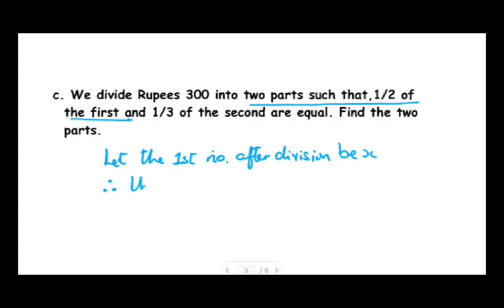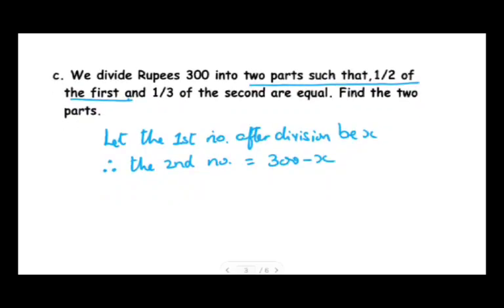Therefore, the second number is equal to 300 minus x, children. Obviously, yes.